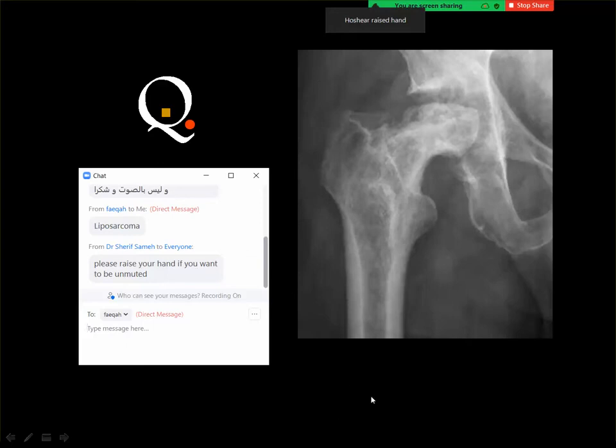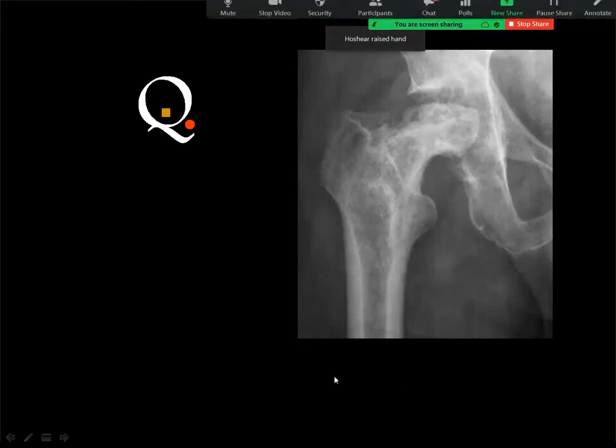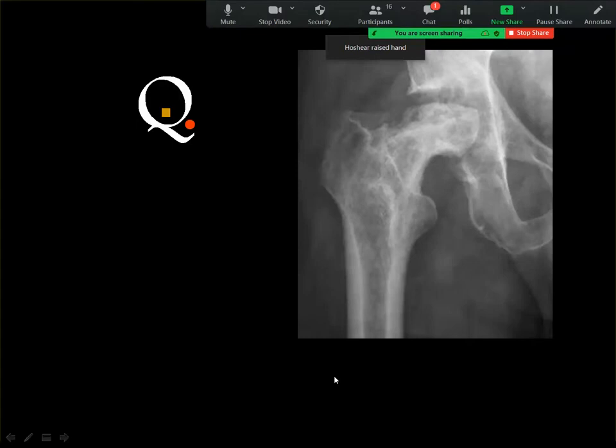Nothing came to me from the chat, but okay, if you want to answer by your voice. Okay, let them answer by their voice. Avascular necrosis of the head of the femur.